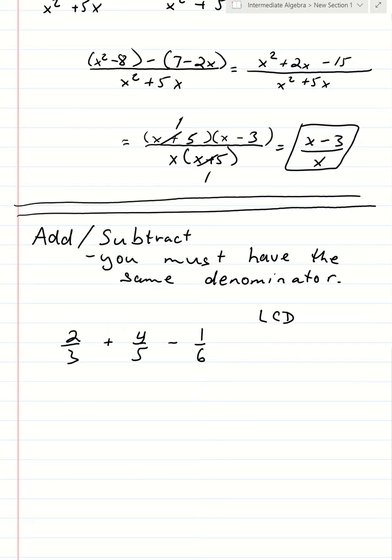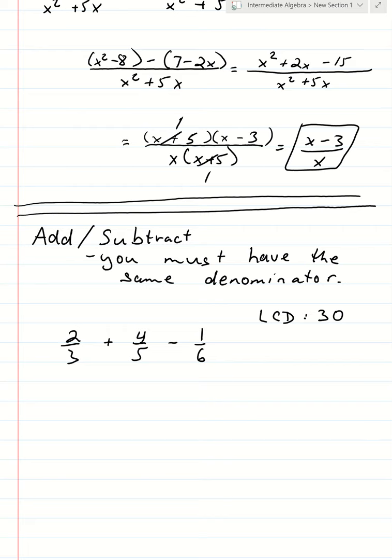We are looking for a number that 3, 5, and 6 can divide into evenly. The smallest number that is divisible by 3, 5, and 6. And if you go through your number system, you will find that the smallest number that is divisible by 3, 5, and 6 happens to be the number 30. 3 goes into 30, 5 goes into 30, as does 6, evenly.